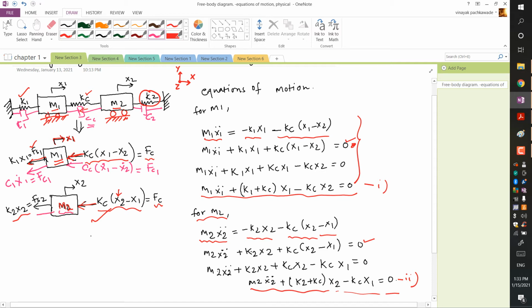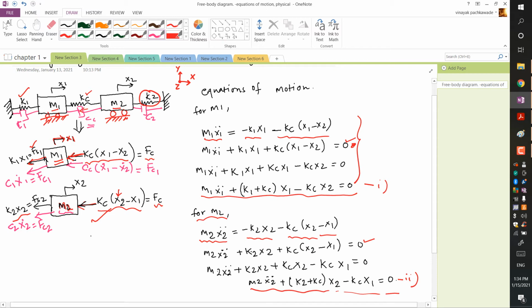The object moving in the x2 direction experiences friction, which causes another force opposing the movement, indicated by c2 times velocity, and that can be modeled as Fc2.